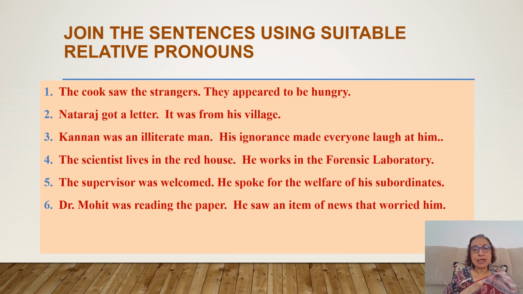So supervisor and he are repeated. Dr. Mohit was reading the paper. He saw an item of news that worried him. Dr. Mohit and he are the same. So in all these places, you have to use a suitable pronoun, remove some things, rearrange the sentence, do whatever is required in order to get the correct form where you have a single sentence joined with the help of a relative pronoun.